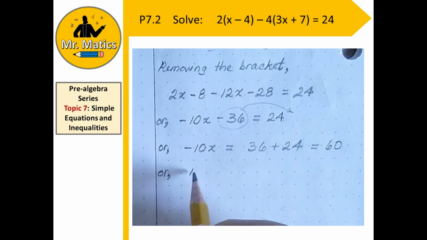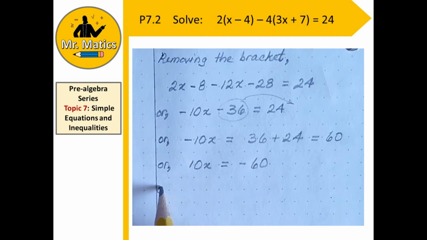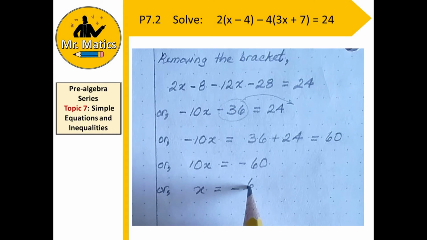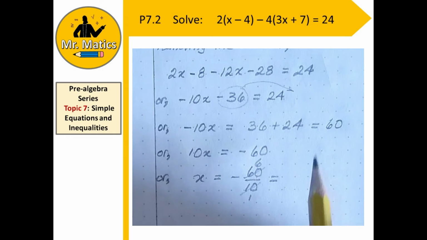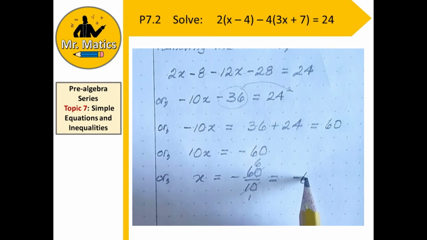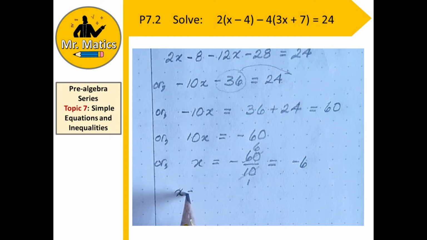That will make it 10x here, minus 60 on the right side. Or x is minus 60 divided by 10. Removing the factor 10 from the numerator and the denominator, we get minus 6. So finally we write x equals minus 6. That is your answer.